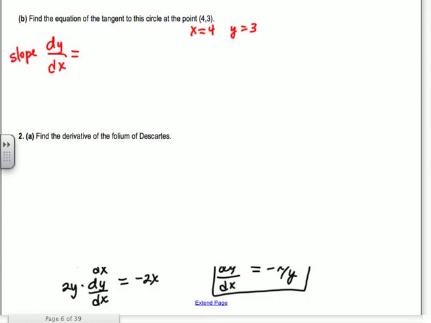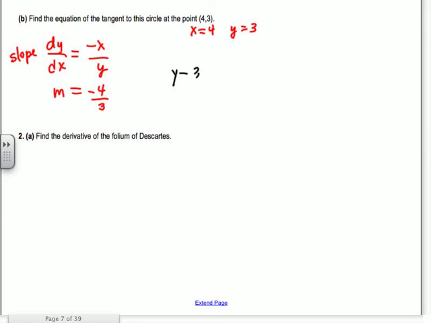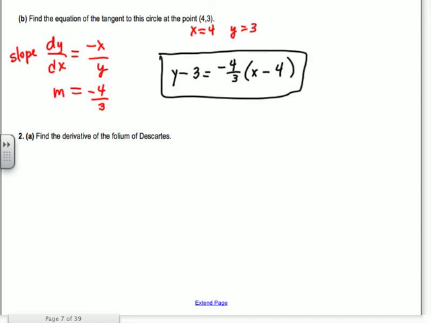So dy over dx is, what was it, negative x over y? So it's negative 4 over 3, so that's my slope. And then I have the point 4, 3. So it's going to be y minus 3 equals negative 4 thirds times x minus 4. And we leave it like that.